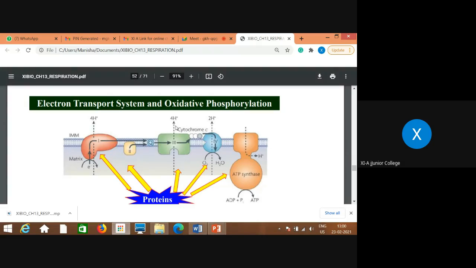Then from ubiquinone to cytochrome C, not directly to cytochrome C. This is the complex, what is it? BC1 and then C. Then to the fourth via A, A3.